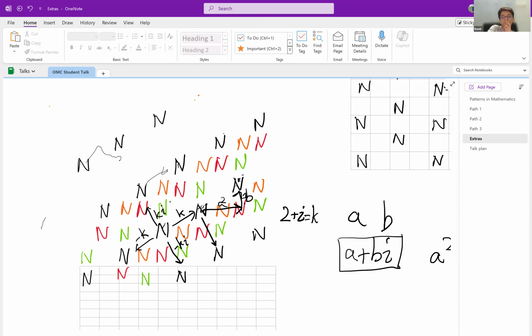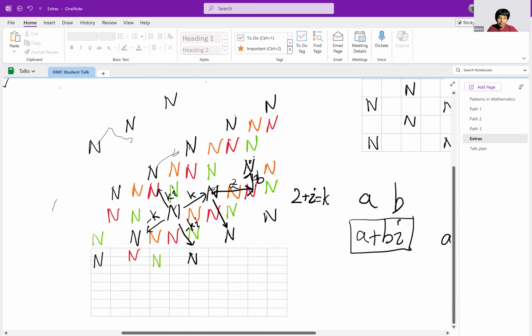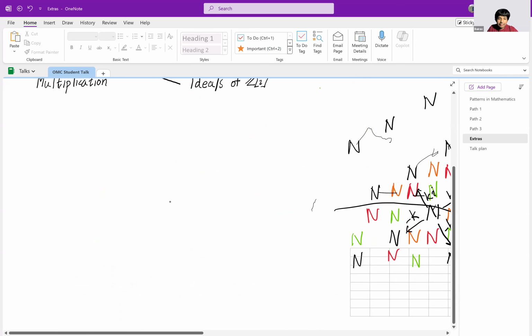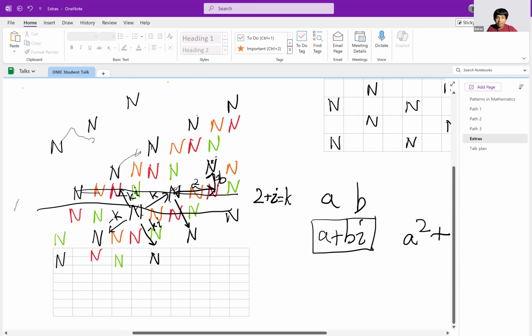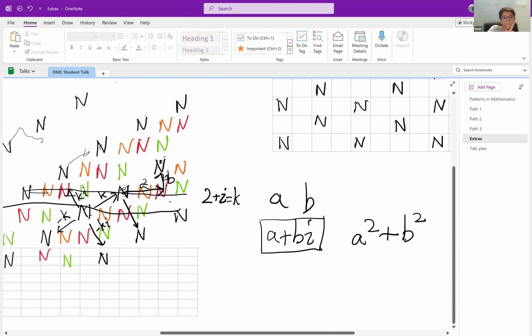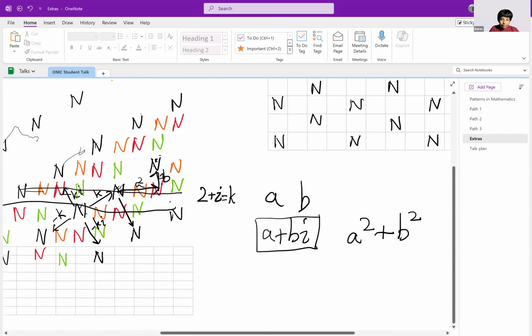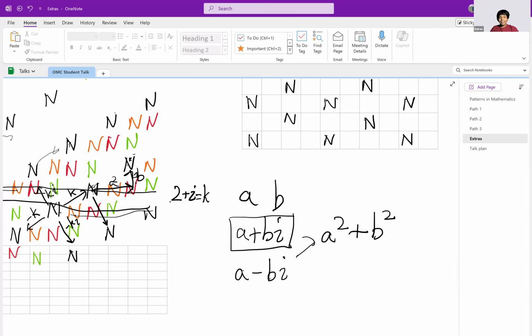Because if we look at this line, they're just translated copies of each line with respect to the knights. So we just need to look at multiplying it with A minus Bi, which gets you the A squared plus B squared.